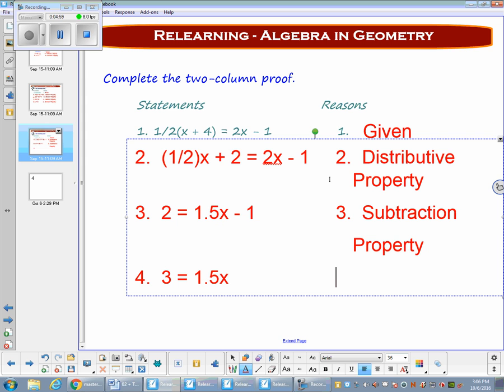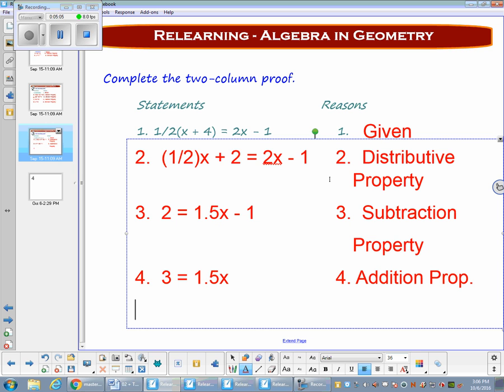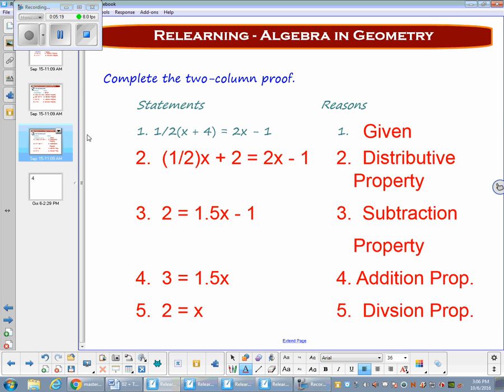Addition property. And then our last one, we divide by 1.5, and so 2 equals x, division property. All right, I hope this helps you to do better on your next test.